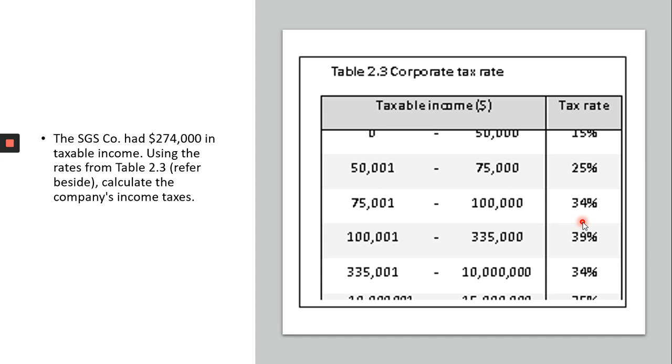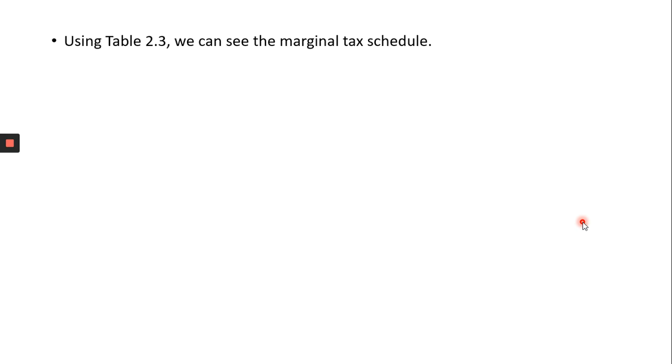So using this table, we can see the marginal tax schedule. The first $50,000 of the income is taxed at 15%, and the company's taxable income is $274,000. So out of this amount, $50,000 will be taxed at 15%, and the next $25,000 will be taxed at 25%.